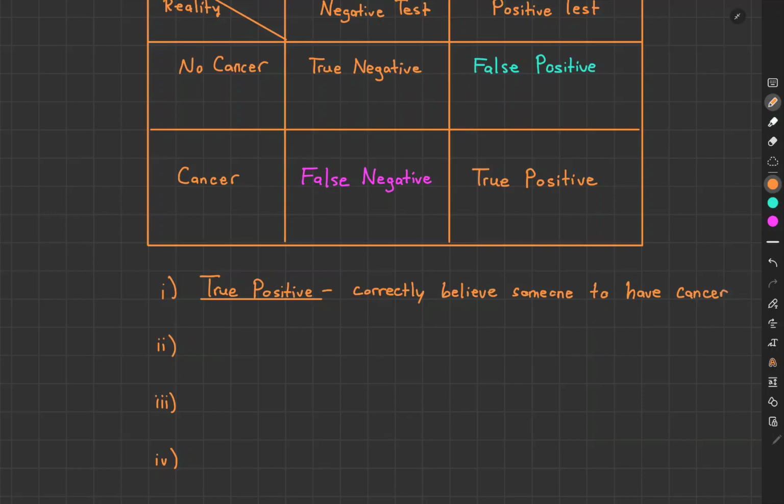So our patient has cancer. Then we've got the false positive case, where we incorrectly believe someone to have cancer.